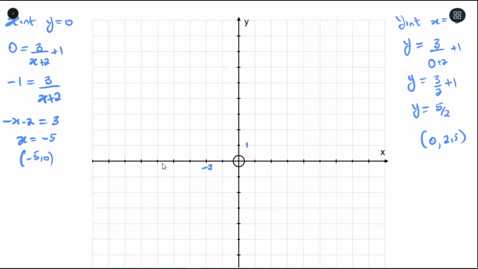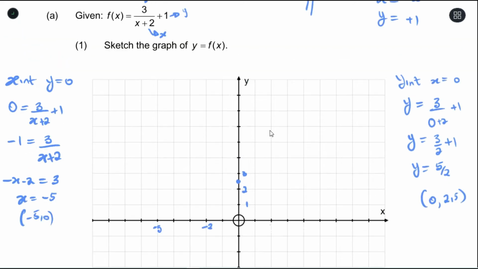Our x-intercept is -5, so there's 3, 4, 5, so this here is -5. We have our y-intercept as 2.5, so if this is 2, right, so this is 2, this is 3, so in between there would be 2.5.